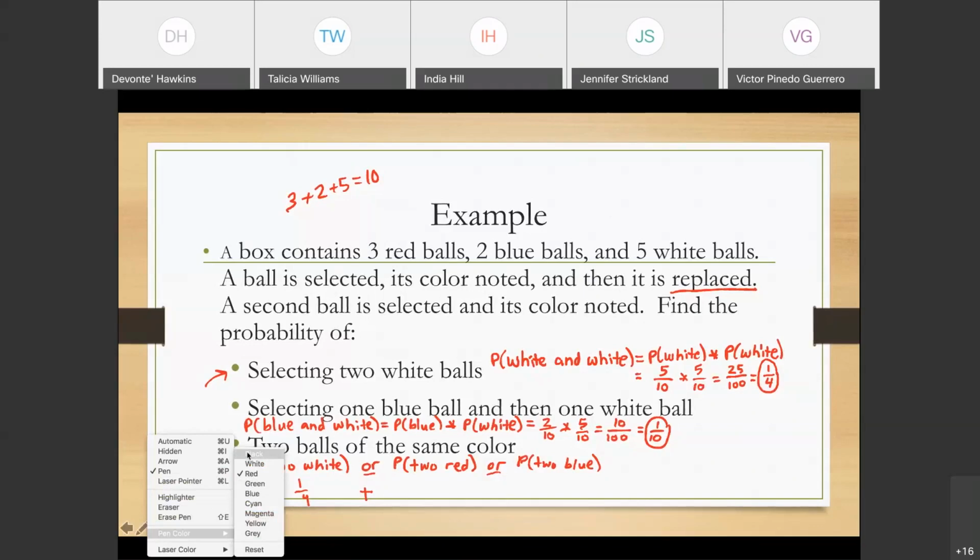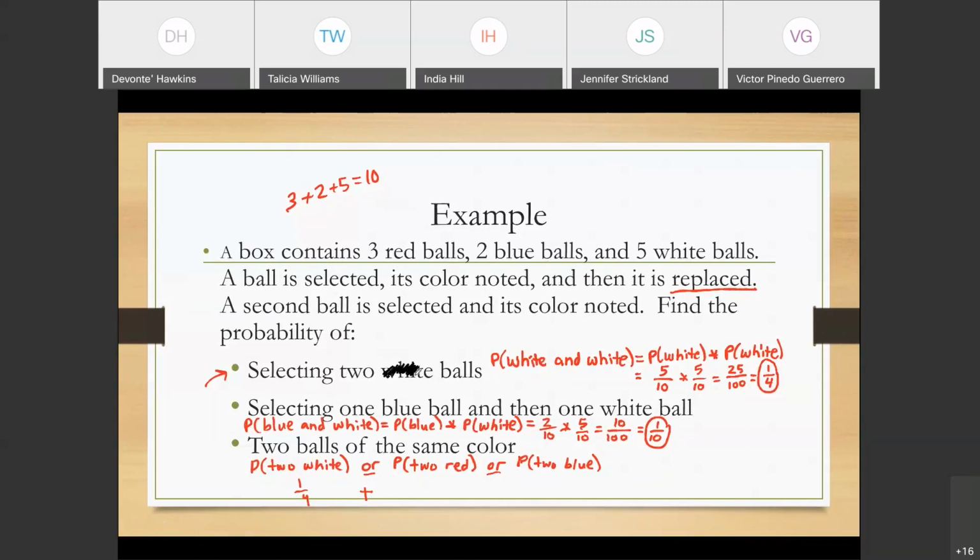All right, so I want to ask you a question about this first part where we worked out the 2 white balls. If instead of 2 white balls, I had said 2 red balls, then the problem works pretty much the same way, correct?